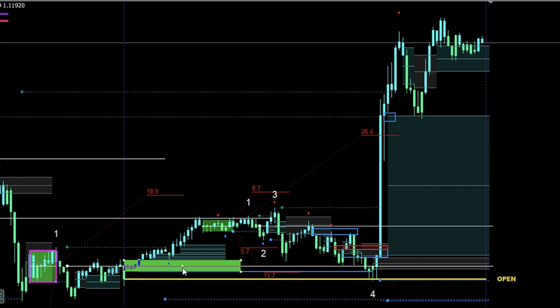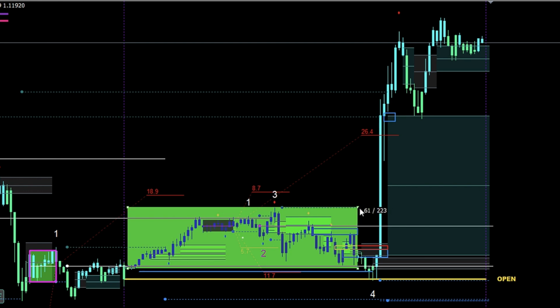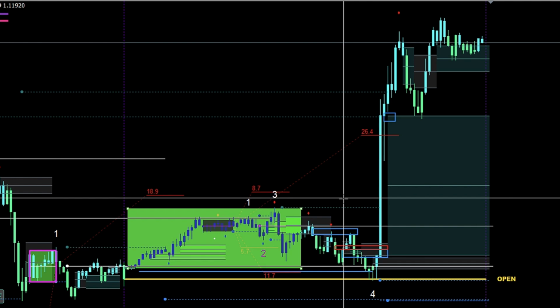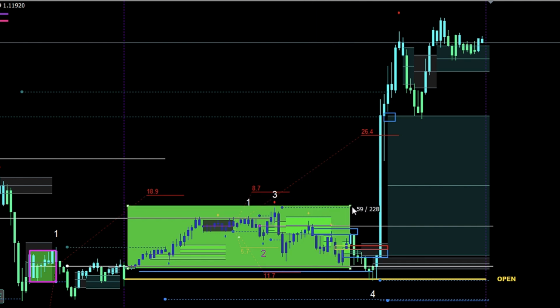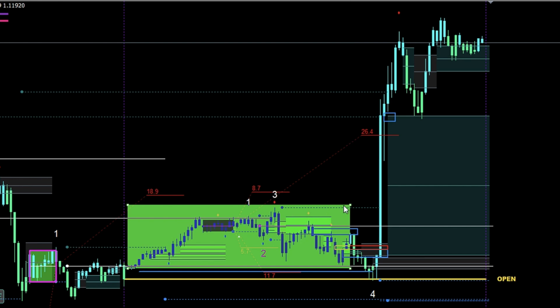Actually, the open was a big spread, so the actual open was this one, and until the news came, before the US session, around the US session, this was our consolidation zone. What happened? It just consolidated in this zone.